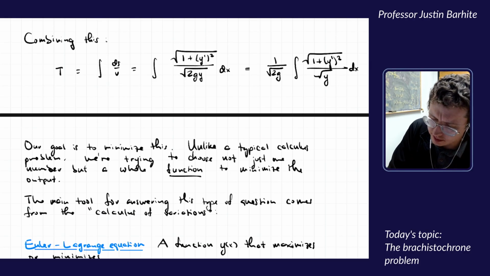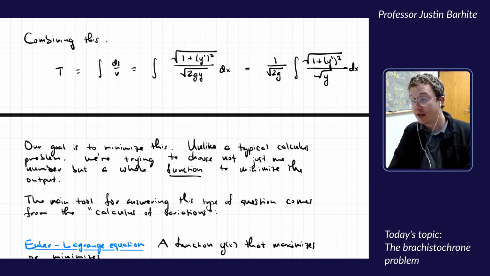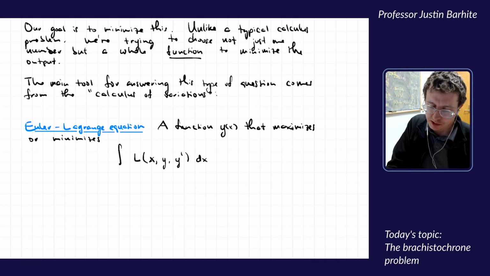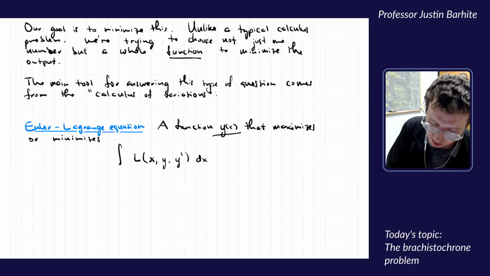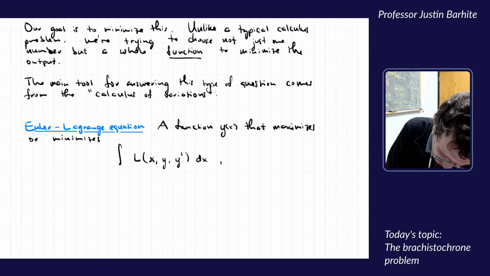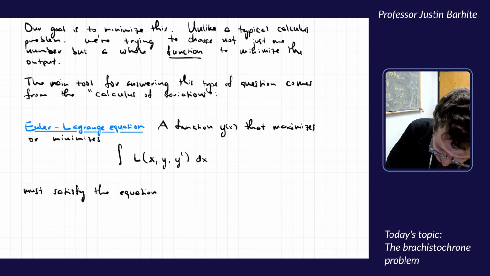In this case, we actually don't have any x's appearing in this expression, and that makes things quite a bit easier. But to minimize an integral where you don't know what the function y is, that function has to satisfy the Euler-Lagrange equation, which looks like this.